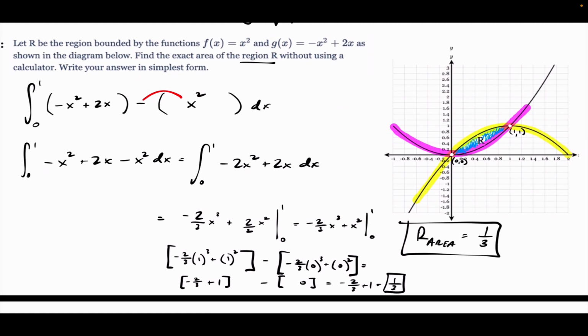Draw a picture so you can tell which is the top, which is the bottom. They did that for us. Which is the top, which is the bottom, find the bounds, and then do the rest. That's all, every problem we have today, that's all it is.